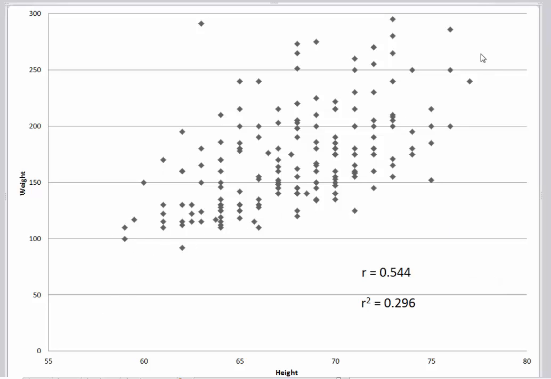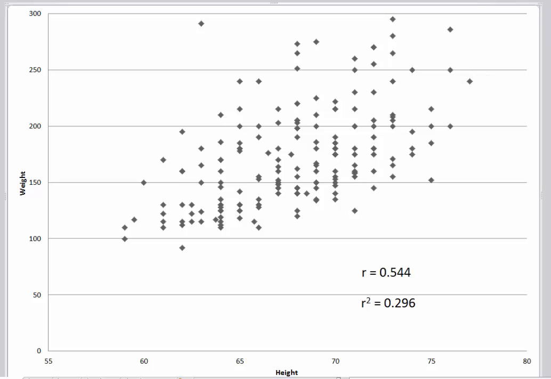So there seems to be some sort of relationship. And we can calculate a correlation coefficient. I did that for this data, and I get an R of 0.544. So it's a positive correlation, which means, as we can see, as X gets bigger, Y gets bigger.